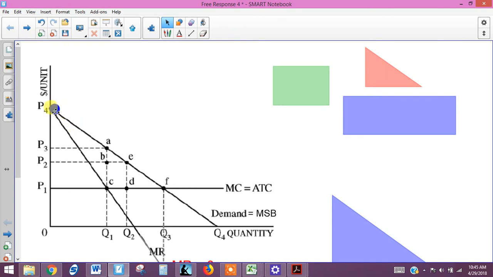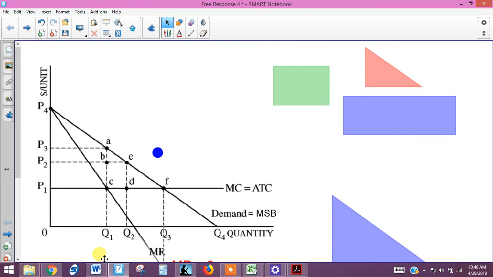So you've got one consumer up here who would pay just below P4, because no one is going to actually pay P4, since that is a quantity demanded of 0. So just below, and then all the way down to here.